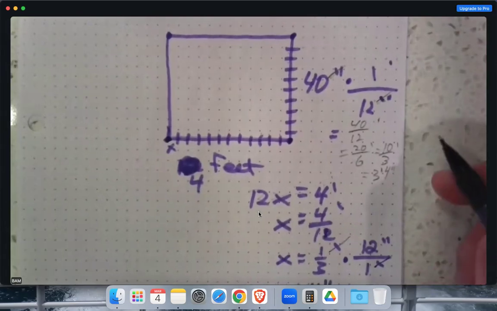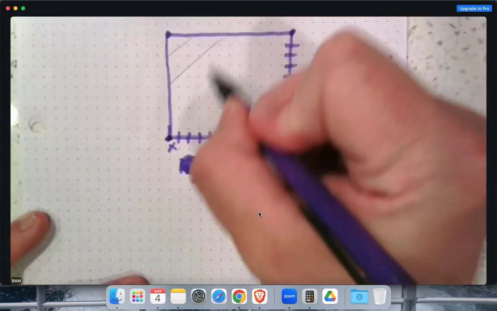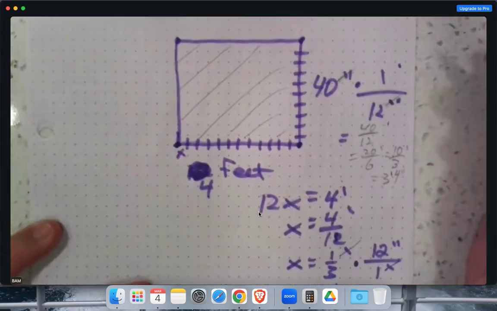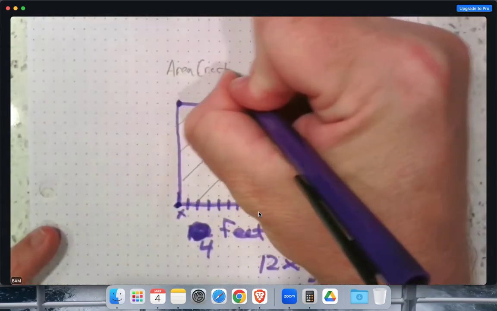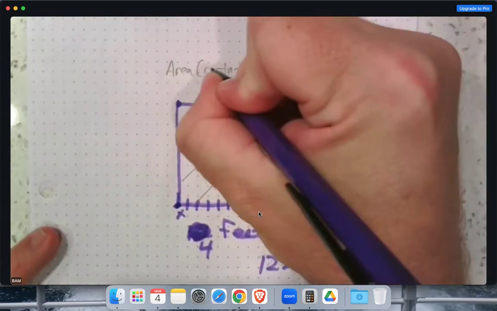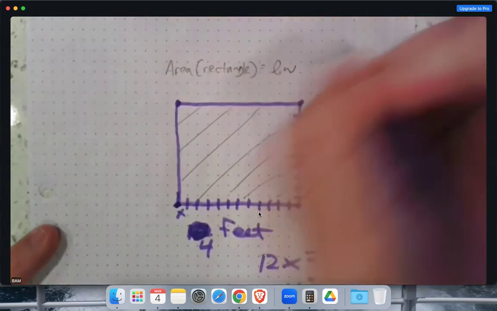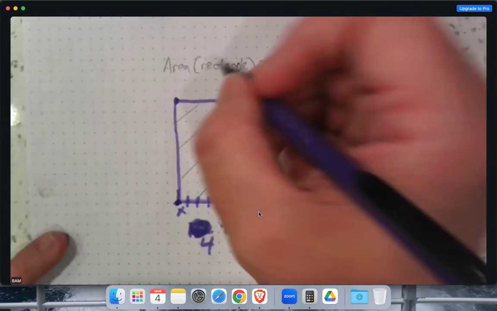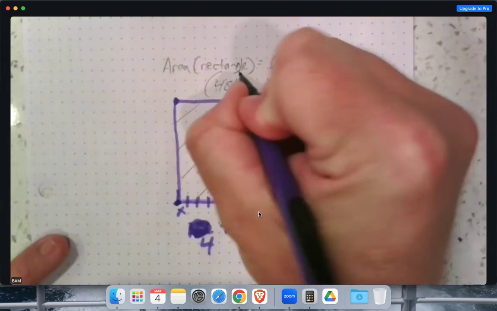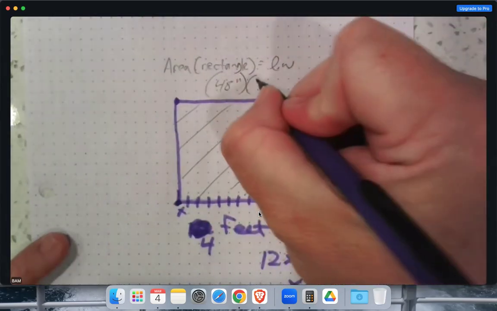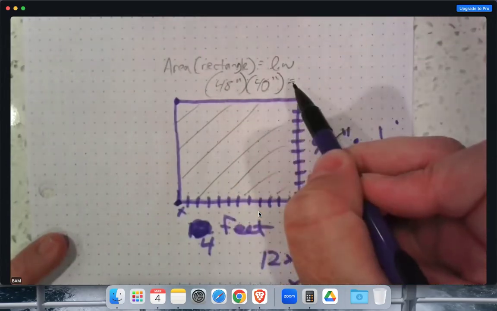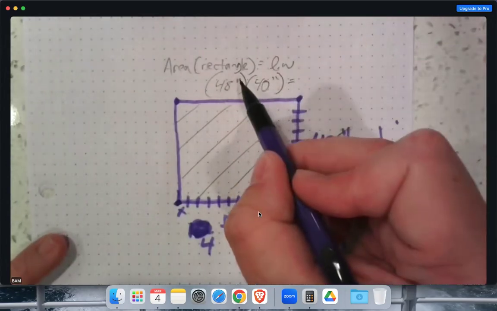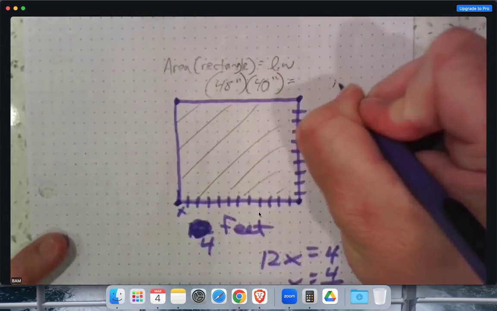Okay, so what's the area of the opening? So like we said before, the area of a rectangle is length times width. I'm going to use inches. So 48 inches times 40 inches. Are they going to be square inches? Yeah, because inch times inch is square inch.